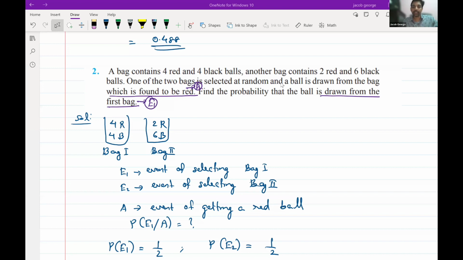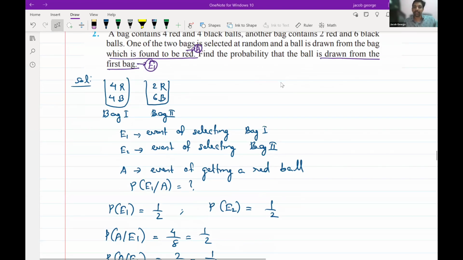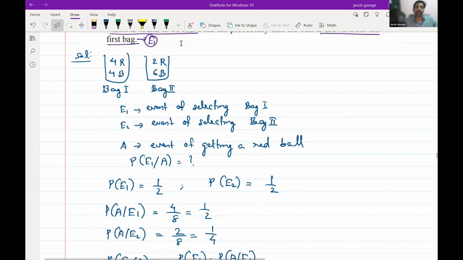Capital A, event of getting a red ball. Now, this problem is to find out P of E1 given A. P of E1 is 1 by 2, P of E2 is 1 by 2. As per Bayes theorem, we have to find out two more factors, that is P of A given E1 and P of A given E2. What is P of A given E1?